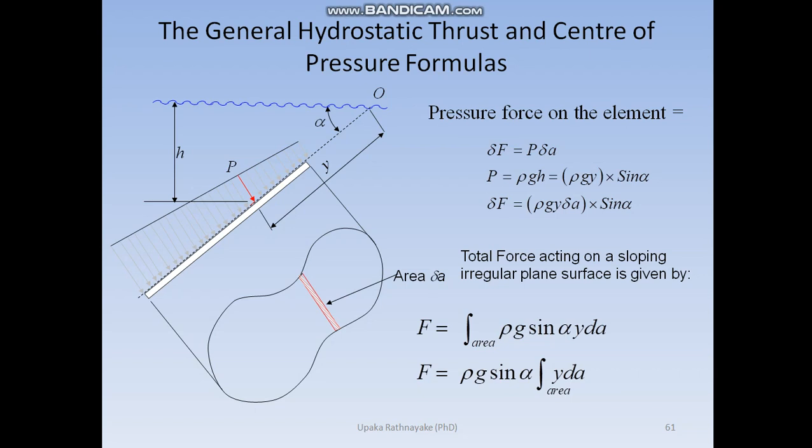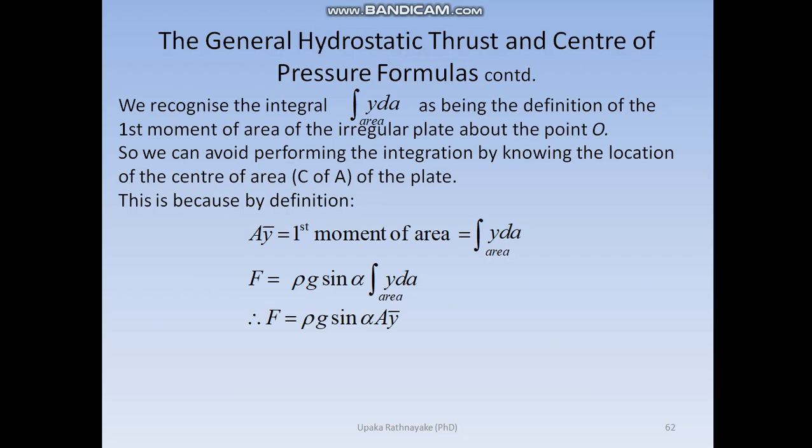Integral y dA over the area. Yes, it is the first moment of area. So we'll do the maths and we'll find out that the first moment of area is A y bar, which is equal to the integral of y dA. Now the equation simplifies to F is equal to rho g sin alpha A y bar.